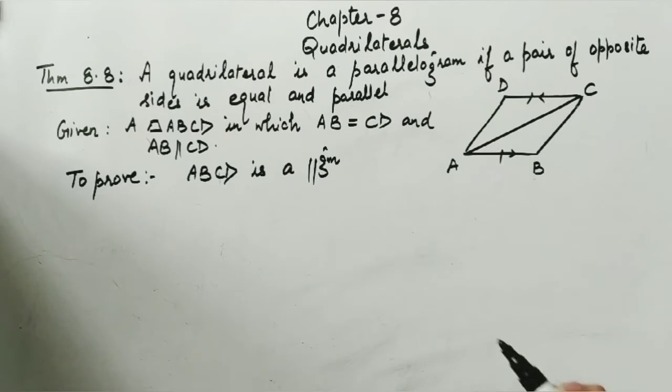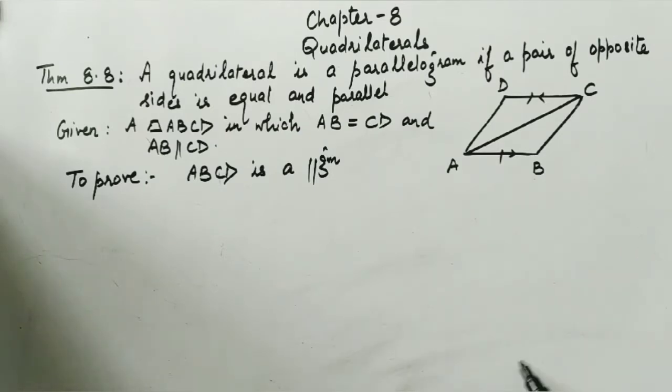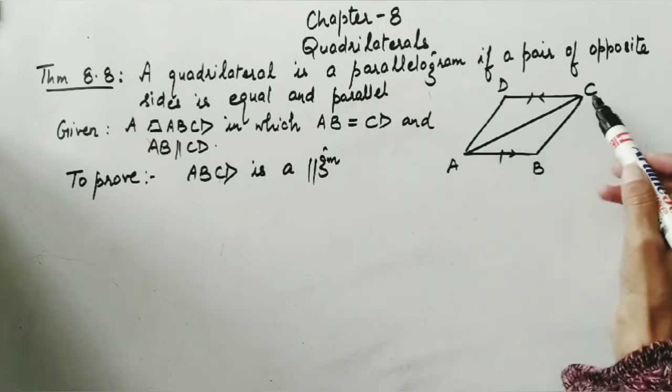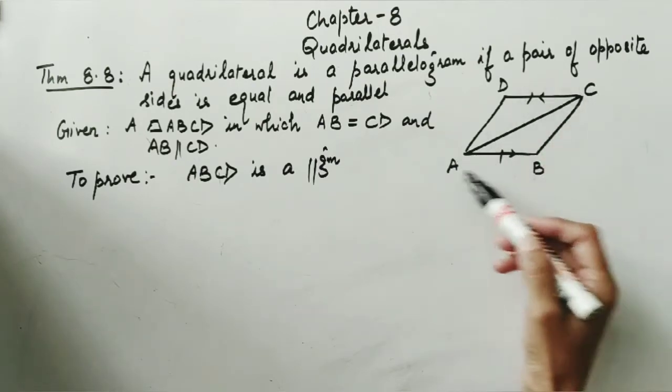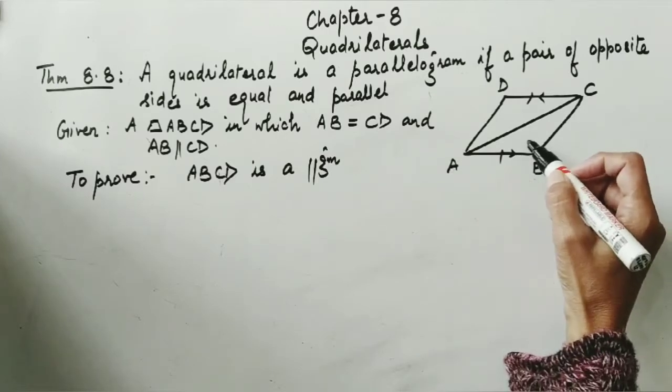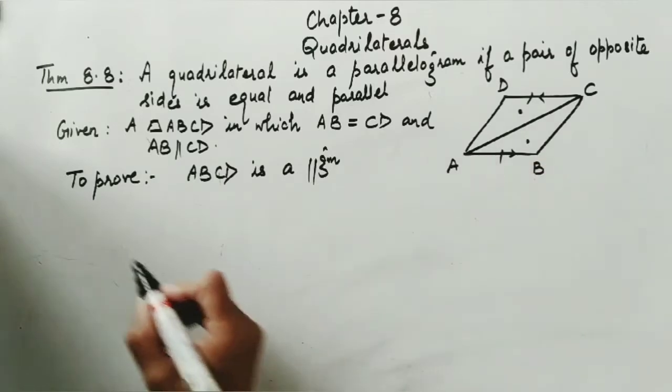No construction, nothing is required, it's very simple. Observe two triangles. Because AC is a diagonal, this diagonal has divided this quadrilateral into two triangles, which are ABC and CDA.